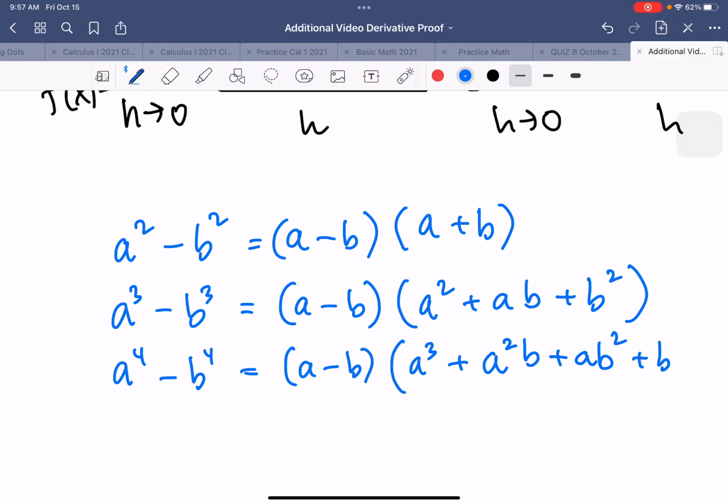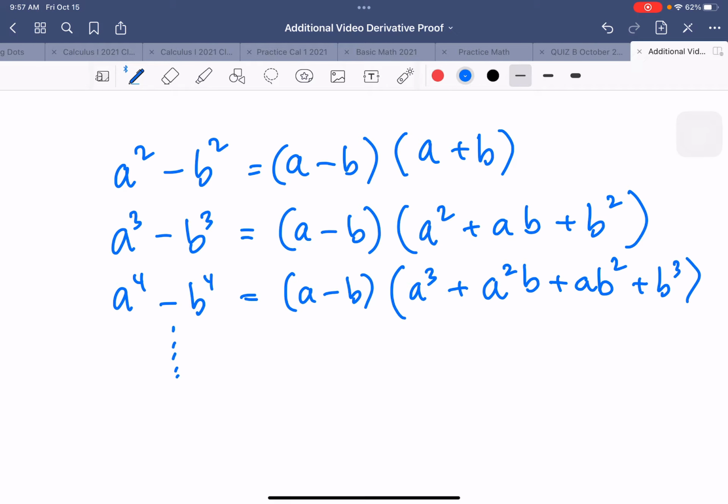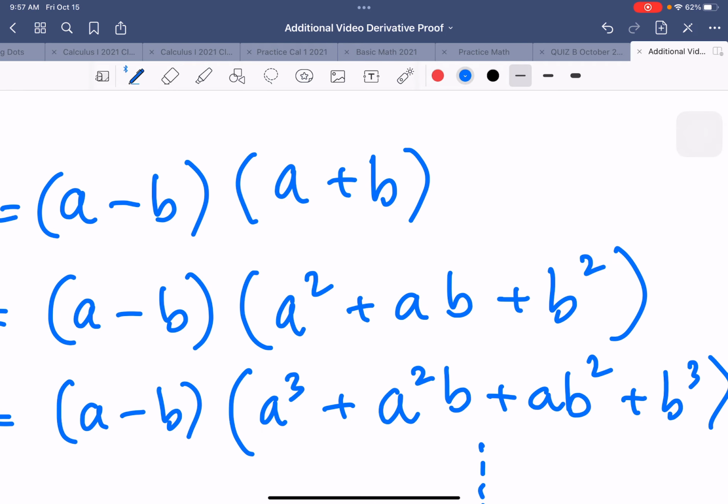And then b cubed. Eventually you can do this for any number, until you reach some n. So we have an n here, and we still can factorize. Look at what we have done here.